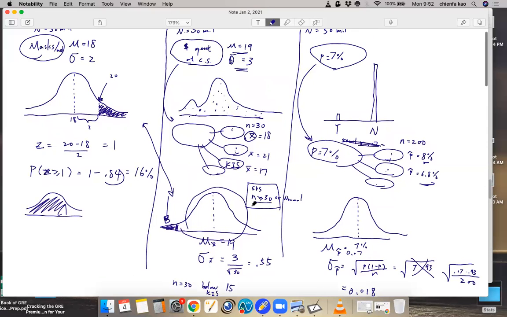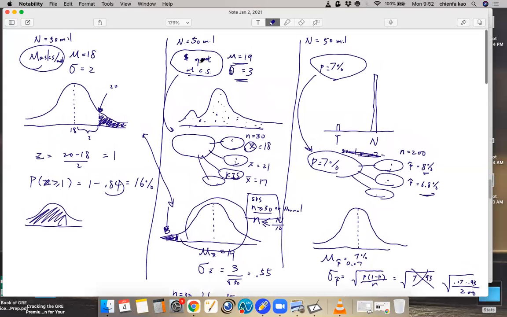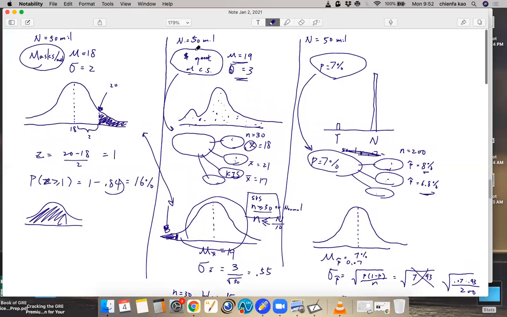And lastly, the third condition, N has to be less than or equal to 10% of 50 million. Obviously 10% of 50 million is 5 million, and 30 is less than that. So that means that you're unlikely to pick the same one.